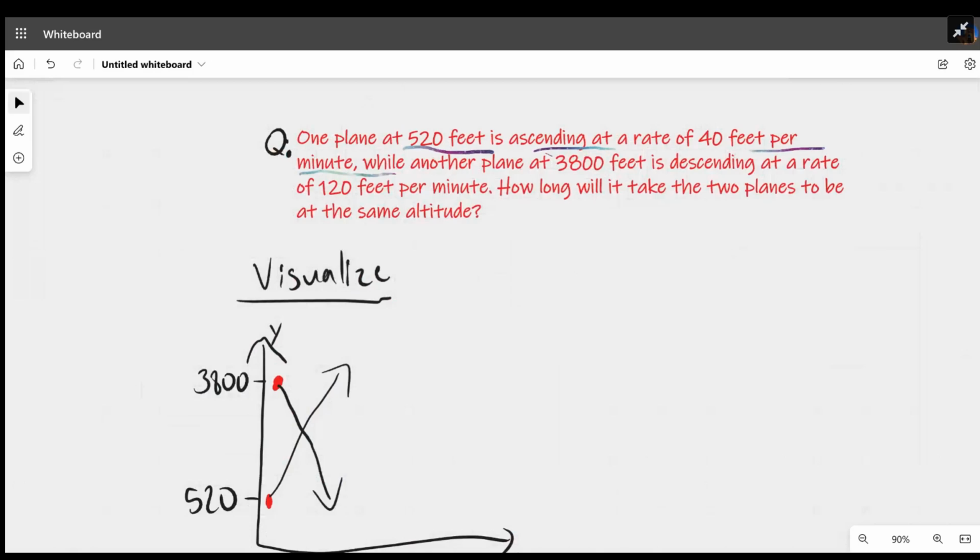And we have 3,800 feet, which is for the second plane, descending, and 120 feet per minute. And we're looking for when they're at the same altitude.